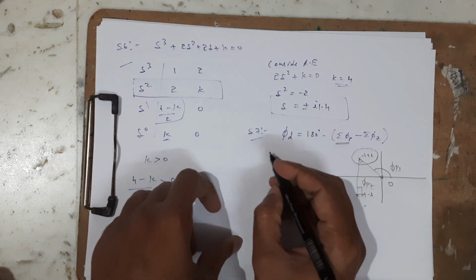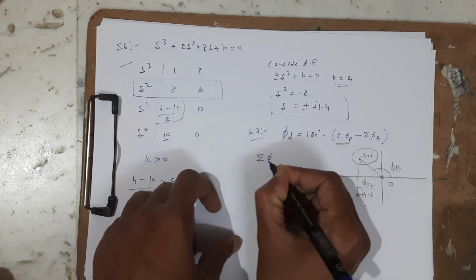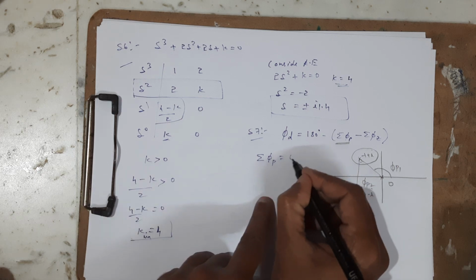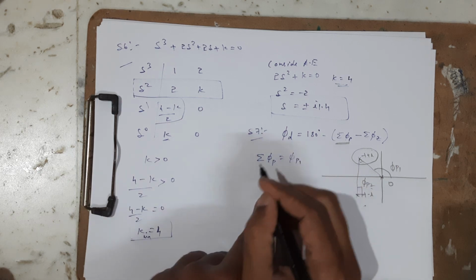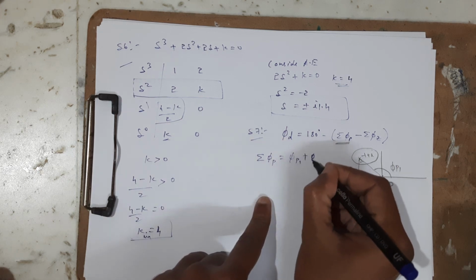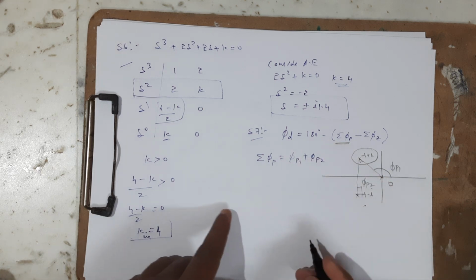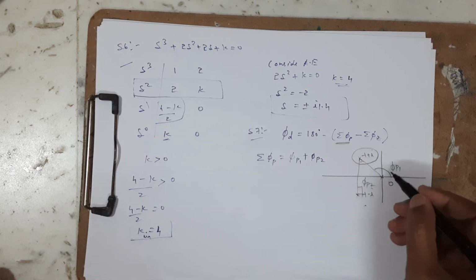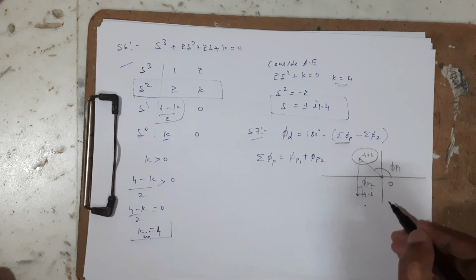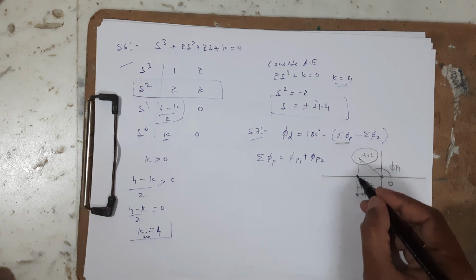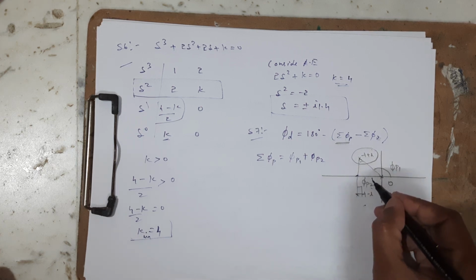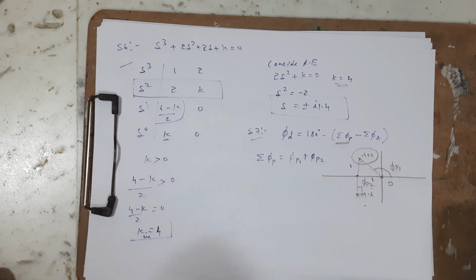So therefore summation of phi p is equal to phi p1 plus phi p2. This is minus 1 plus j. So from here to here, x is 1, y is also 1.